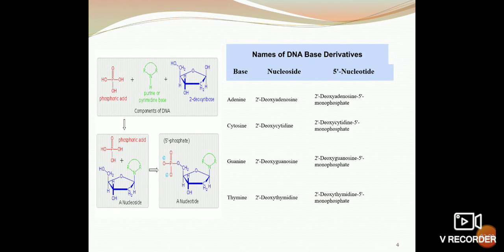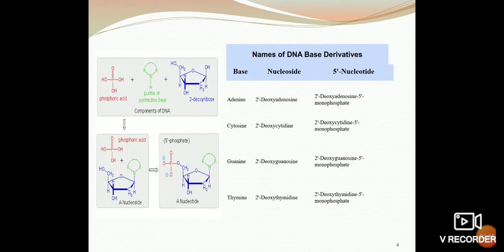So here we see what is a nucleotide. There are 3 units which are responsible for composing a DNA. The components of DNA are the phosphoric acid, then the base, and the sugar moiety, which is 2-deoxyribose. If the sugar and base are joined, it forms a nucleoside.